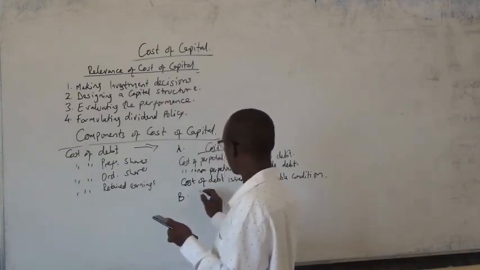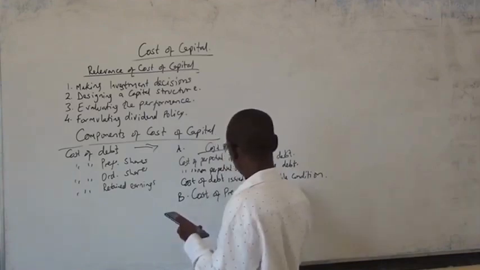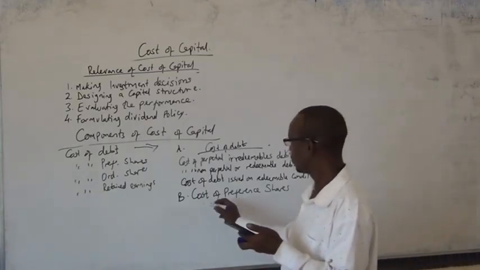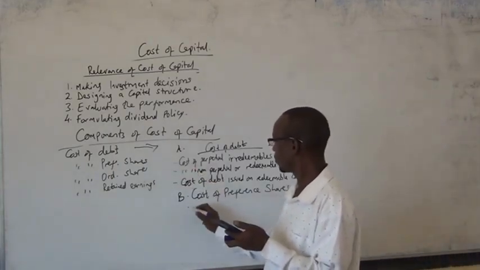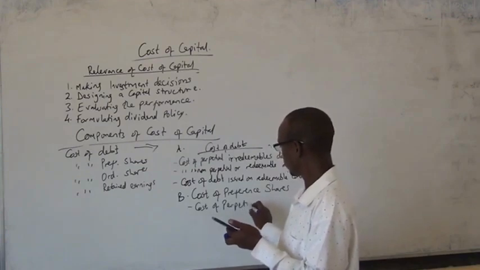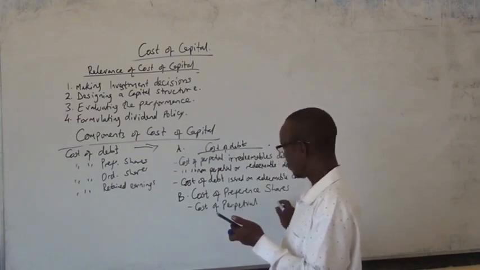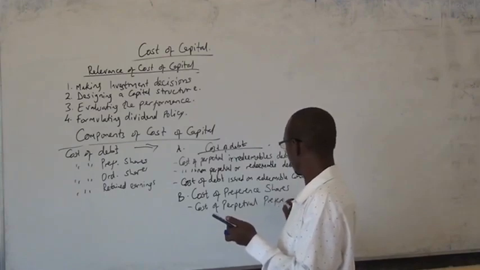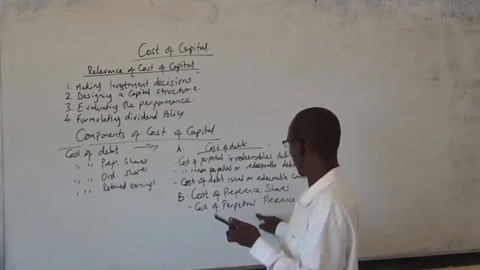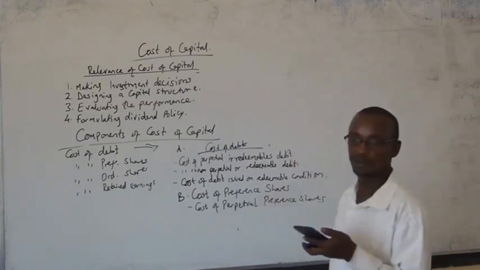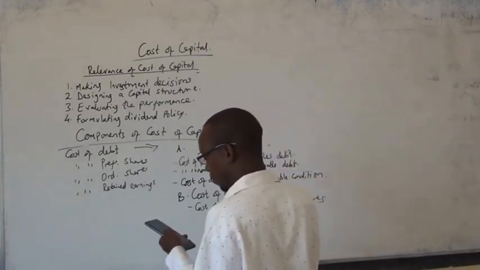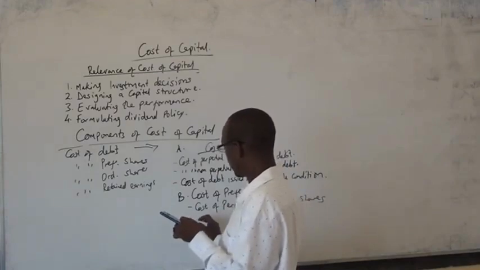Cost of preference shares. Cost of preference shares include what? The cost of perpetual preference shares. Preference shares also, we have redeemable and irredeemable. Okay? Yeah. So we have cost of perpetual. Perpetual means irredeemable.